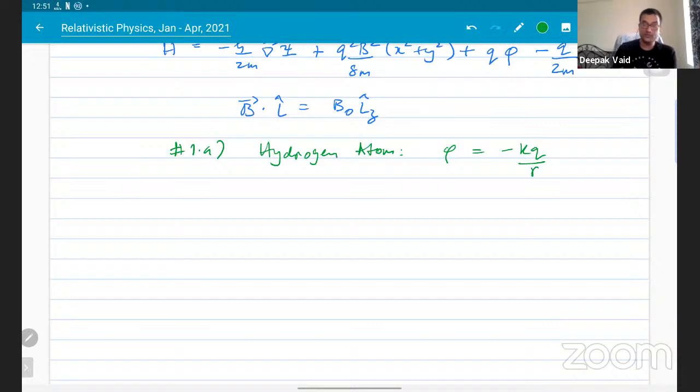And so phi times Q will become minus KQ square by R. And the other example is the free electron. So free meaning there is no external electric field. This we can set to 0. Okay.